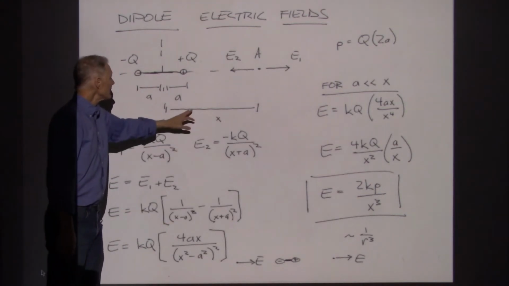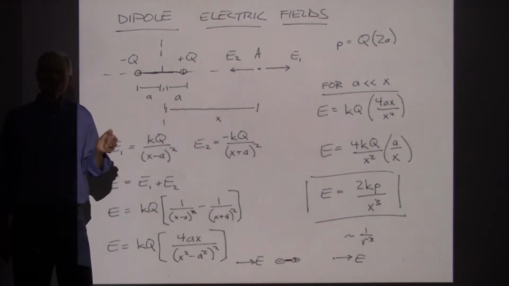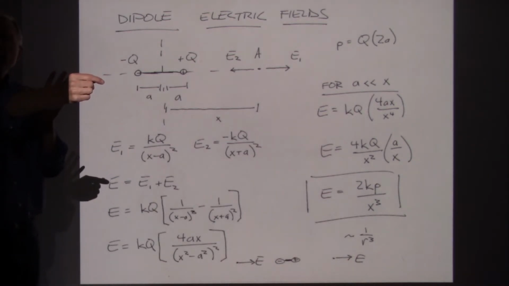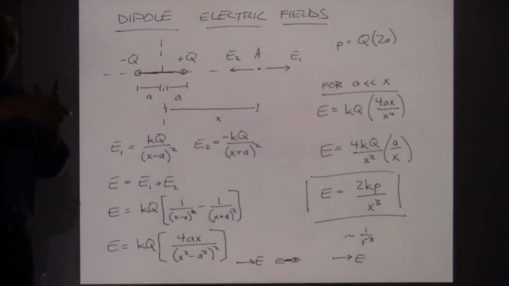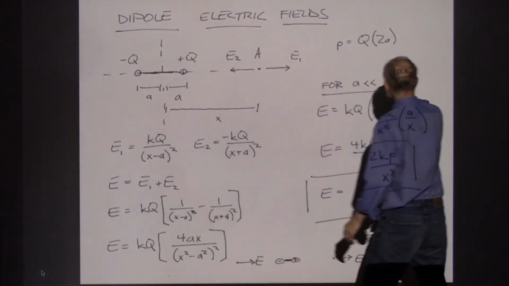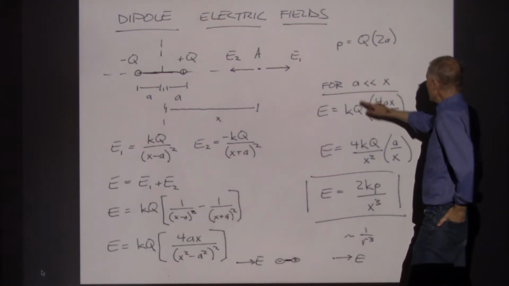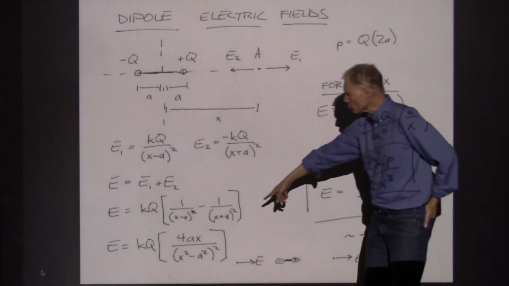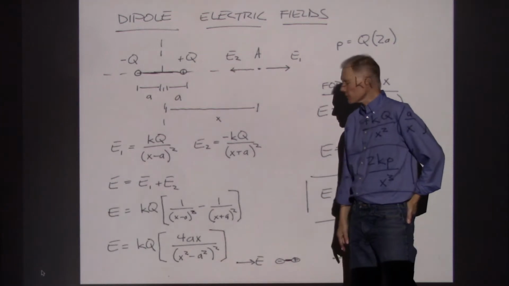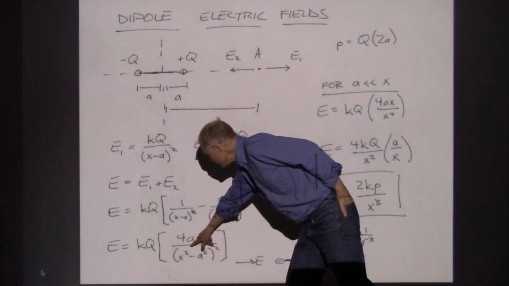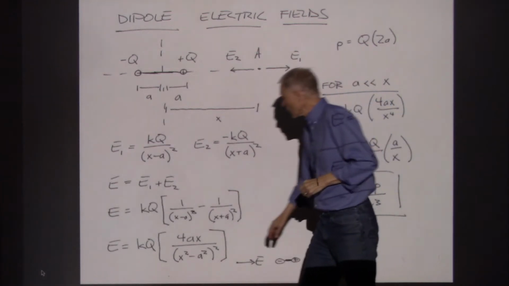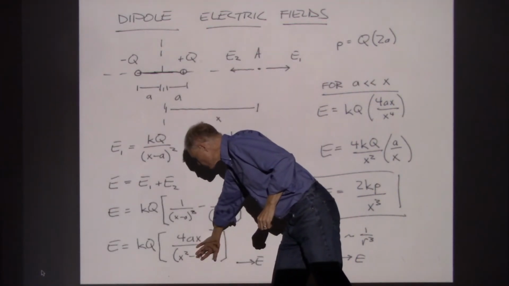Now what happens if X becomes really, really large? If I get far away from a dipole, what would the formula for the electric field become? When X gets really big compared with A, we can use our trick of ignoring A compared with X. Wherever X and A are being added or subtracted, I can ignore the really small piece.